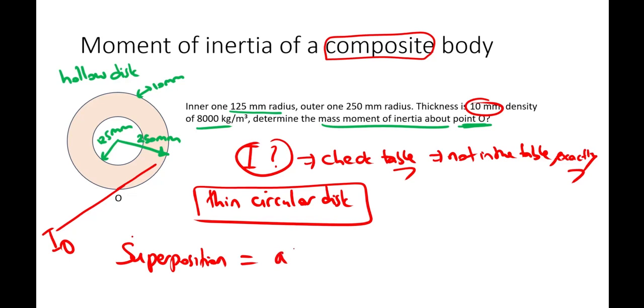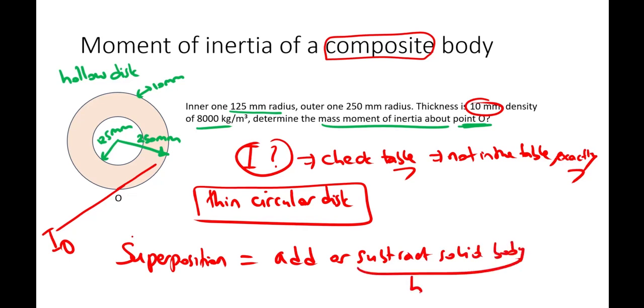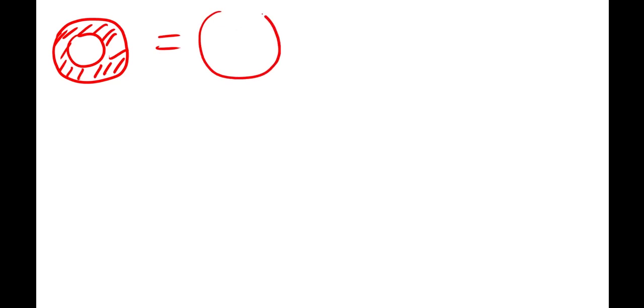What it means is that you add or subtract the body. Subtract means it is whole. So in this case, you can see that this is the body that we have. The body is like the full one minus this one.